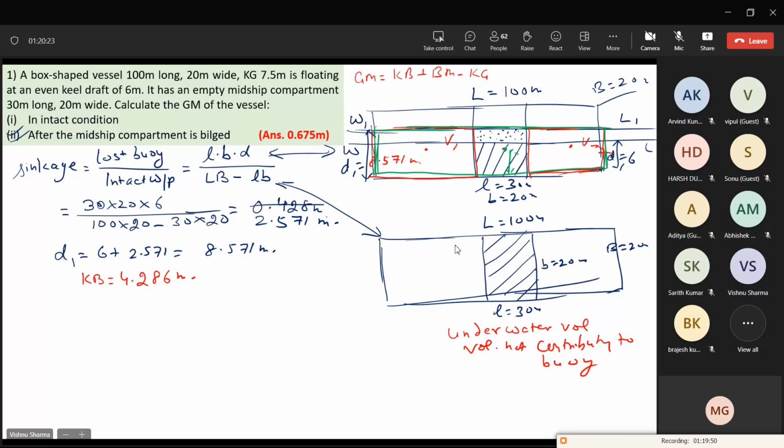So now, if I ask you, what is the vertical moment of underwater volume up to W1L1? What will you multiply with what?